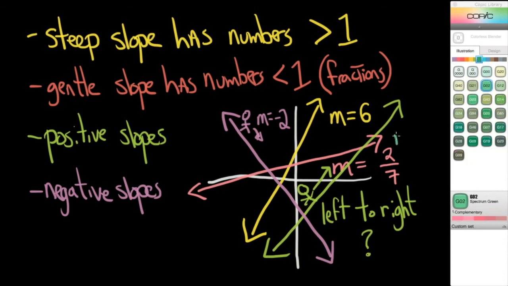So you'd say, is it more steep or less steep than the yellow one? What do you think? I think it's a little bit less, so I'm going to make it a smaller number, like 4. Okay? So those are different kinds of slope. You have positive and negative slopes. You have steep slopes and gentle slopes.